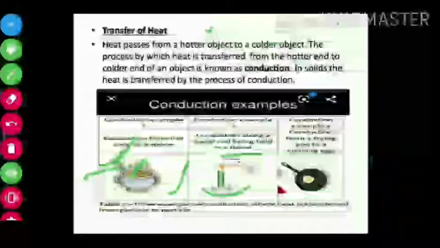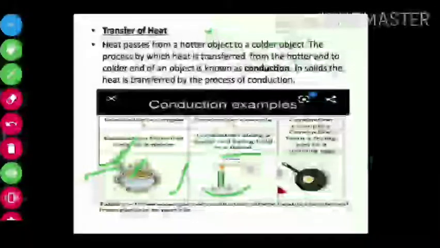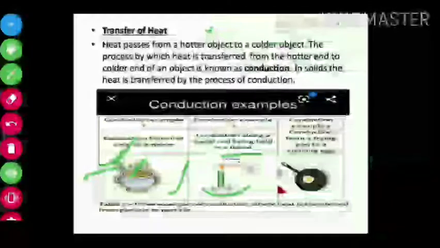So these are examples of conduction, where heat is transferred from the hotter end to the cooler end of an object. Here the downside of the frying pan becomes hot, and the upper side was cold initially, but after putting it on the fire for some time, the upper portion also becomes hot.